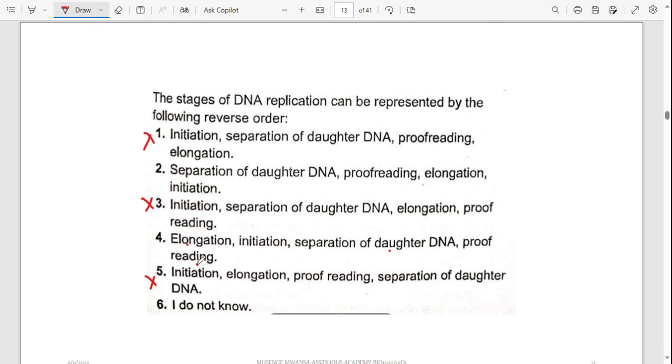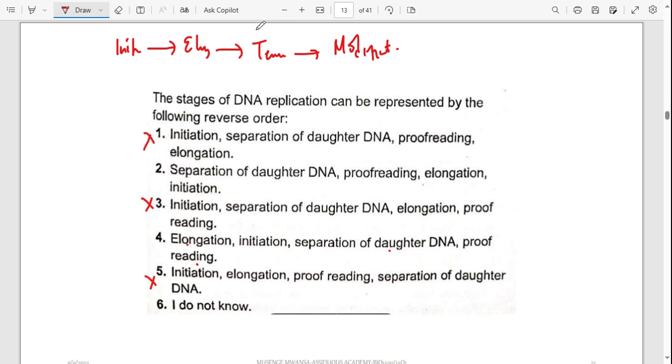This one is a bit interesting. Remember, what is the first stage? Initiation. After initiation, elongation. After elongation, termination. After termination, modifications. That's why you can also have proofreading.